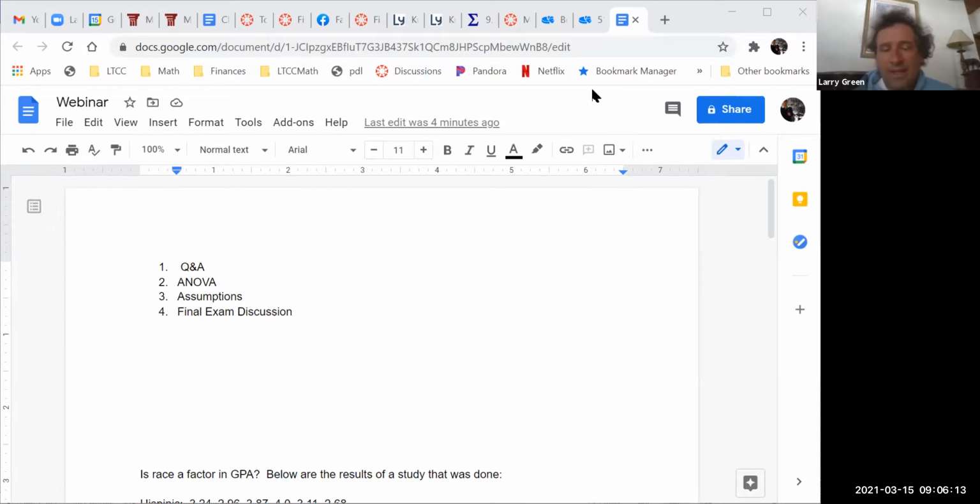We looked at, say, are men taller than women on average? That was a hypothesis test for a difference between two independent sample means, but we also looked at dependent. Dependent, if you remember, was when there were two answers to a survey question, and we wanted to see the difference between those.